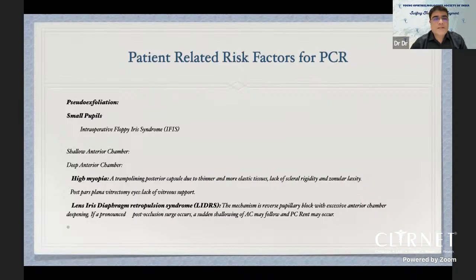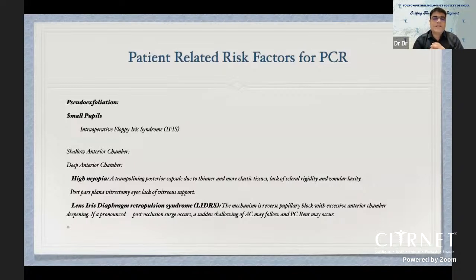Then pseudoexfoliation and small pupil, whether because of eye drops, diabetes or any other cause, increase the chances of posterior capsule rupture. If there is a shallow anterior chamber in hypermetropes, it increases the chances because there is increased risk of touching the posterior capsule.